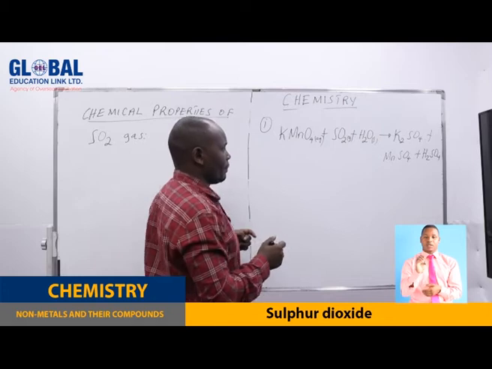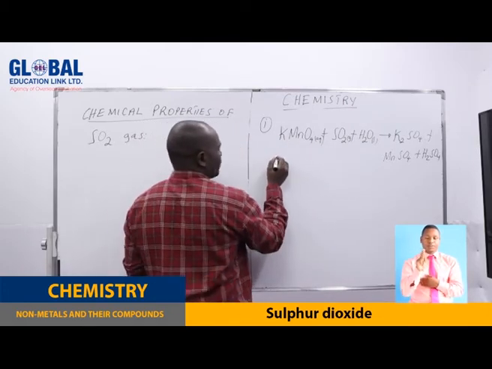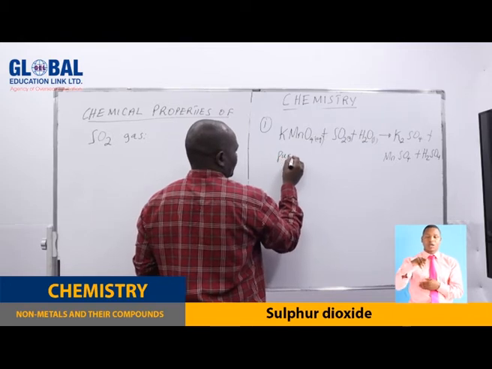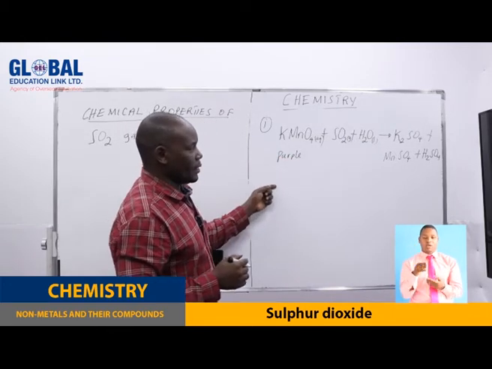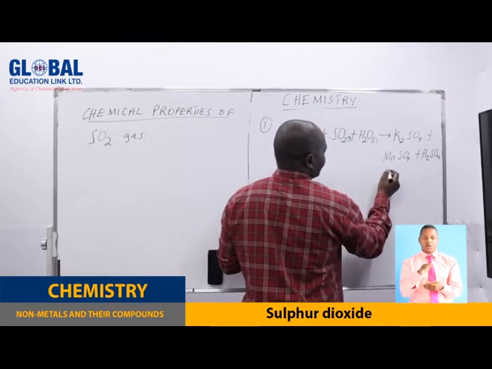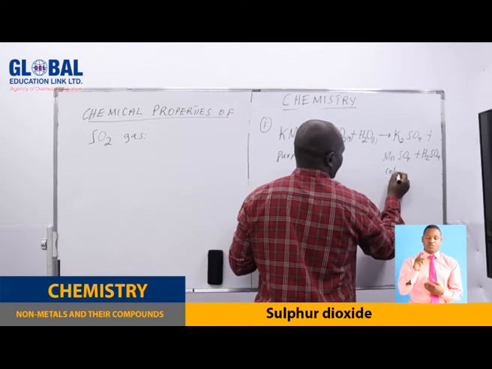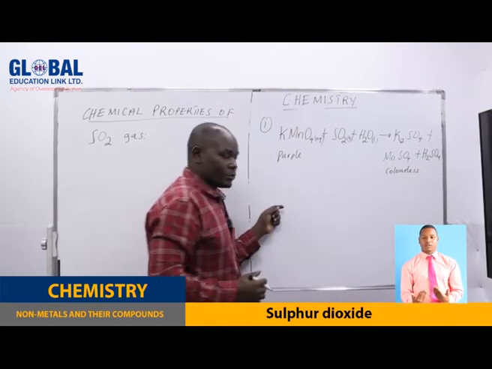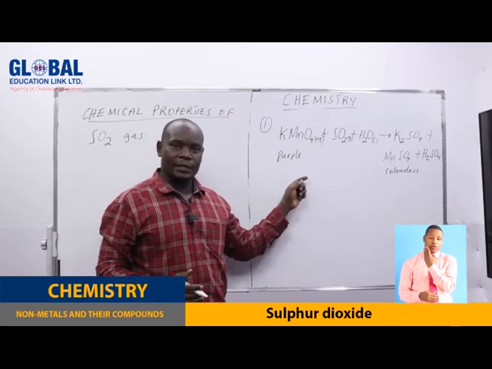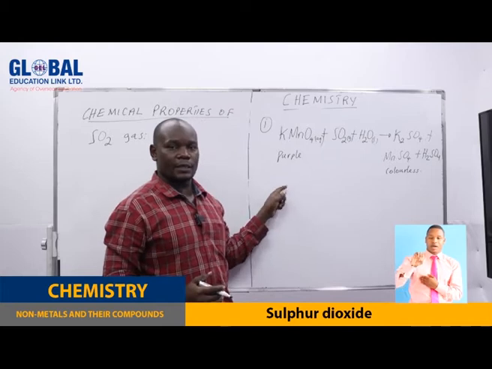So do you see here, potassium permanganate is purple in color, and gets reduced to colorless manganese sulfate. So this becomes colorless. So potassium permanganate gets decolorized by sulfur dioxide gas.